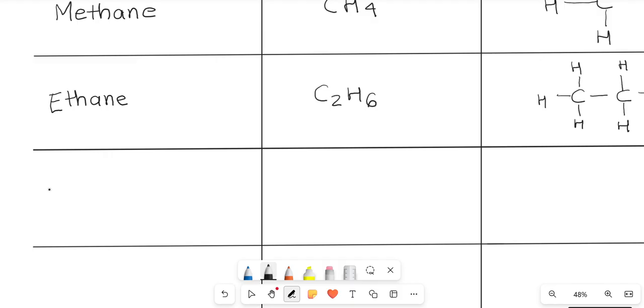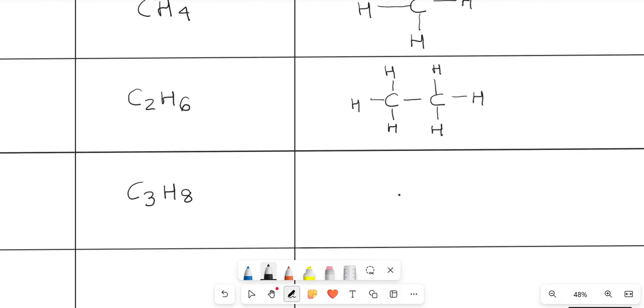We move on to propane, which has 3 carbon atoms, and the molecular formula is C3H8. Now, how do we draw this? Again, 3 carbon atoms surrounded by 8 hydrogen atoms.